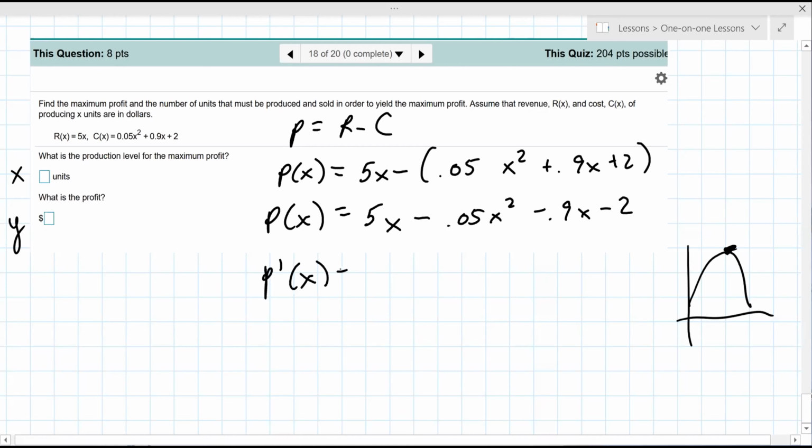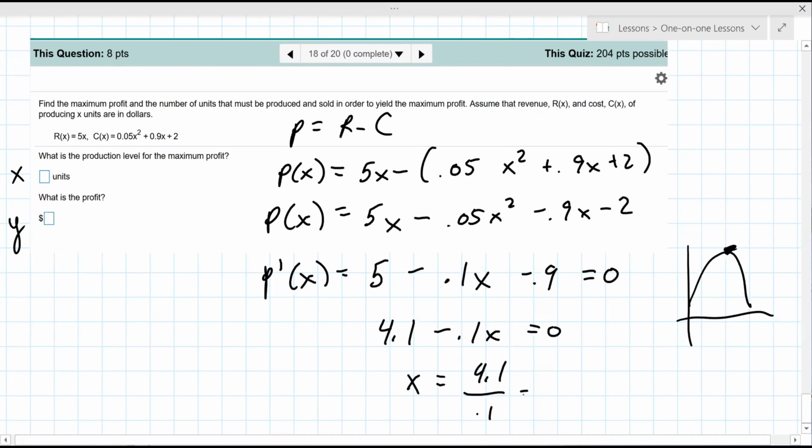I'm going to take a derivative here. 5 minus 0.1x minus 0.9, and then you set this equal to 0. So you end up getting 4.1 minus 0.1x equals 0, so x equals 4.1 divided by 0.1, which equals 41 units.